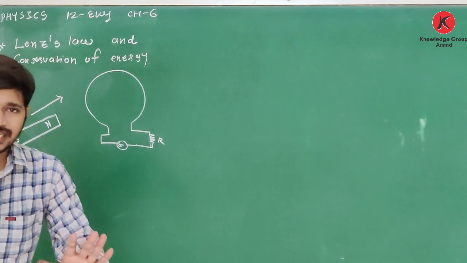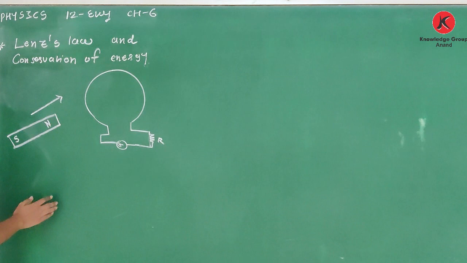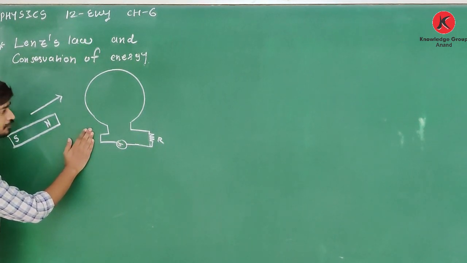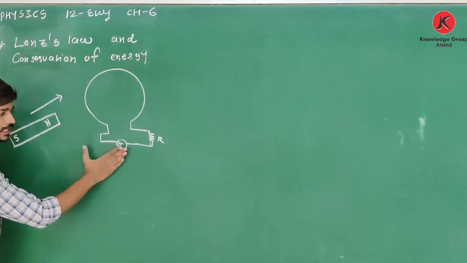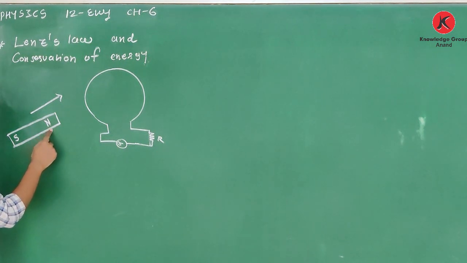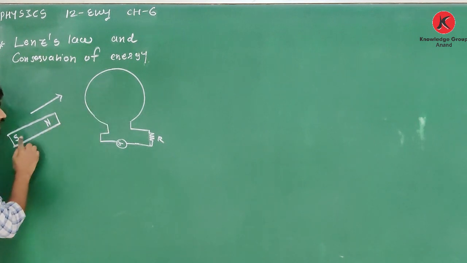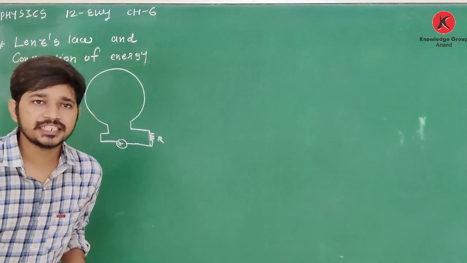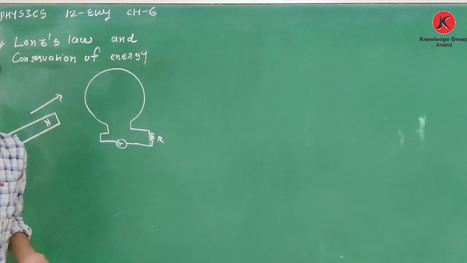You are given a coil connected with a galvanometer and external resistance, and a magnet with its north pole facing the coil is moving towards the coil.